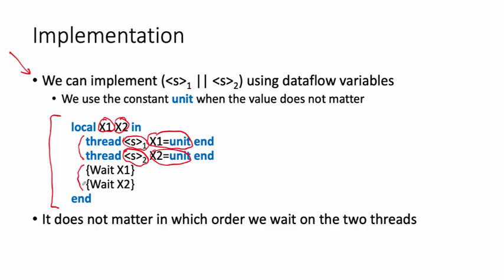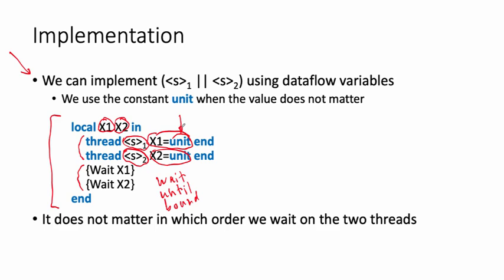In the original thread, we wait until x1 and x2 are bound. The wait operation will wait until x1 and x2 are bound. We use this special constant unit. It could be any constant, but we use unit to say that we don't really care about the value.